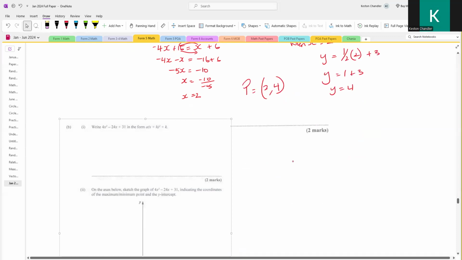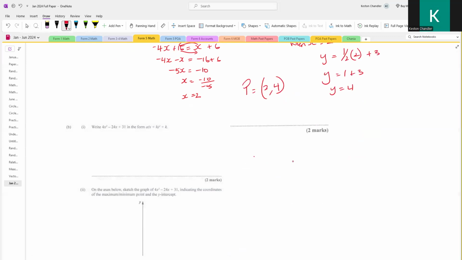This one. Some values: A is 4, B is -24, C is 31.